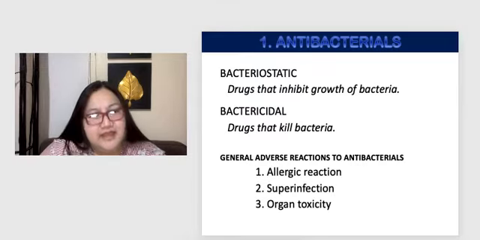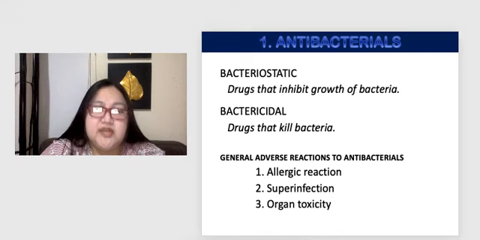So again, going back to our discussion on the basic concepts of pharmacology, diba? The liver is the major site of metabolism. The kidneys are the major site of drug elimination. So, yung mga aspetong yun, posibleng mag-cause na mas delikado sa mga organs na yon yung mga gamot.